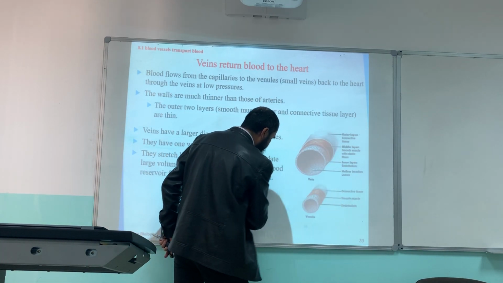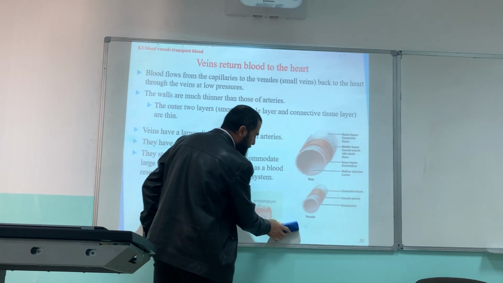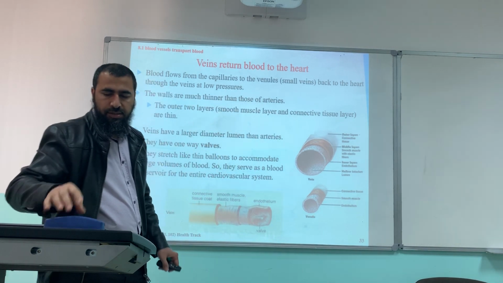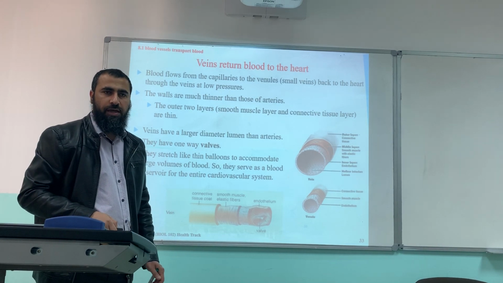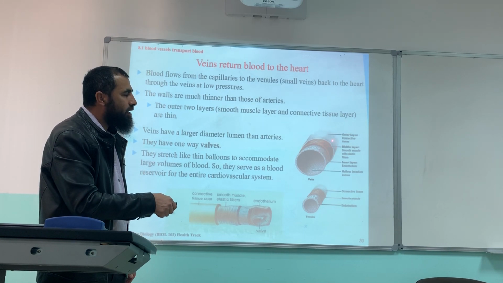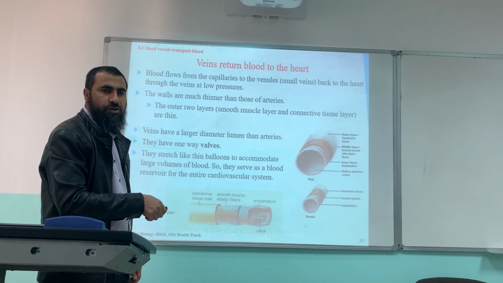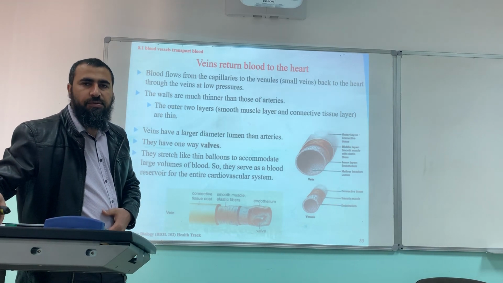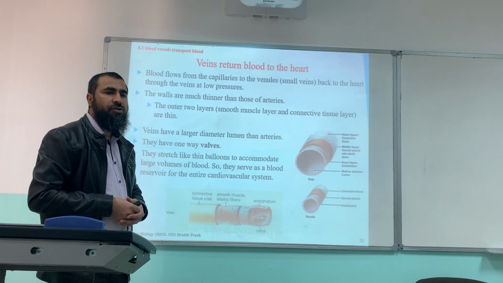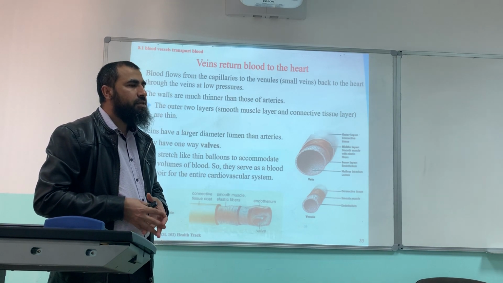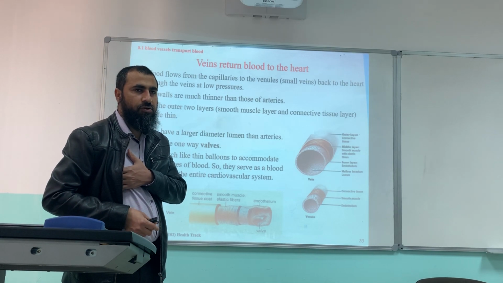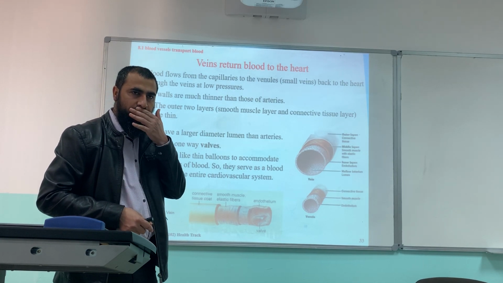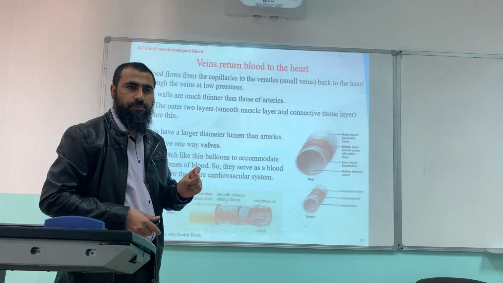And you remember from your laboratory, when you look at the histology slides, you see that the veins have a much thinner wall, okay? That's because they have a thinner smooth muscle and connective tissue. The reason is because when the blood reaches the veins, the pressure has already dropped, so it's not necessary to have a thicker wall.